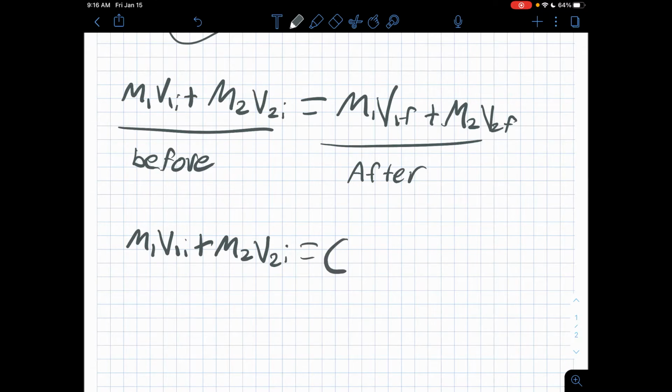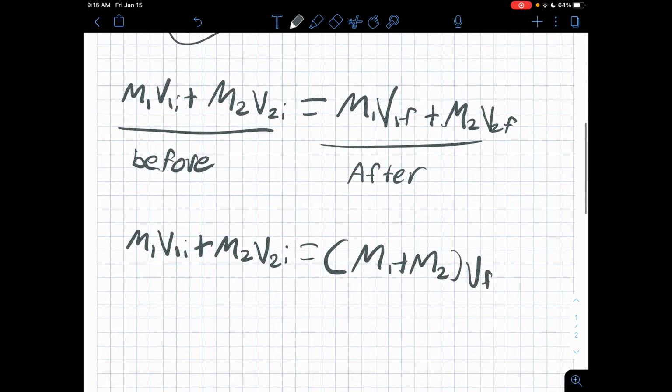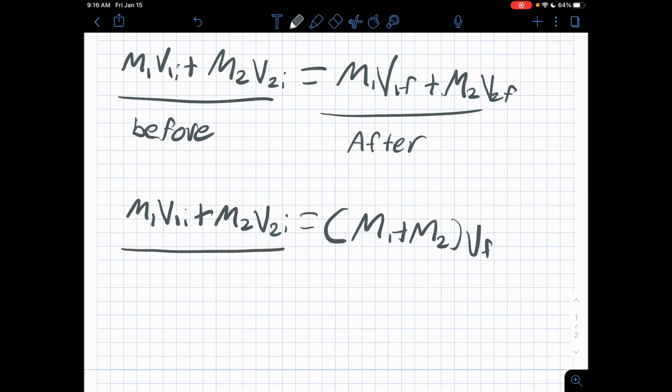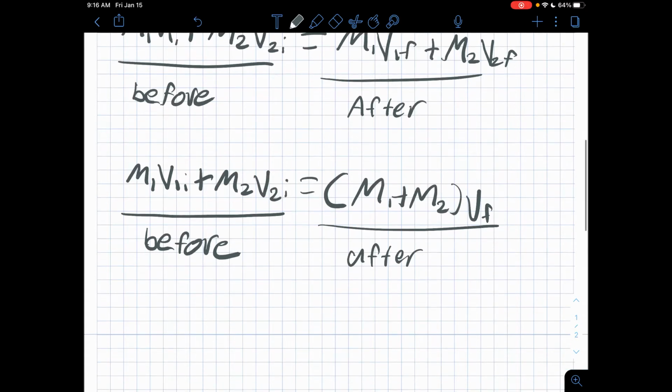And here it looks a bit different, because you get the two masses added together, multiplied by the final velocity. So the two formulas are really similar, but there are slight differences. And again, this is before, and then this is after.